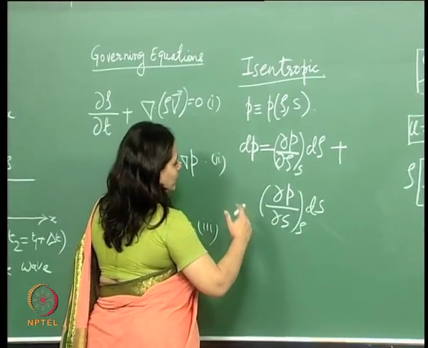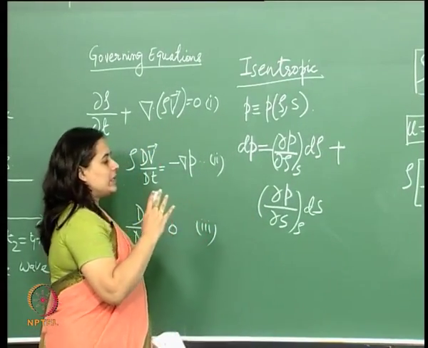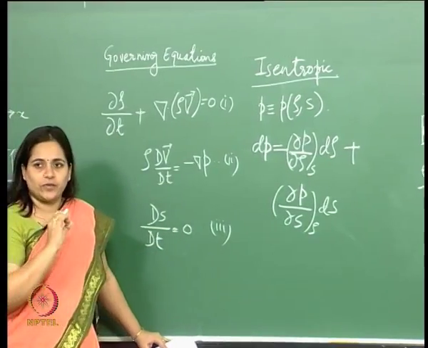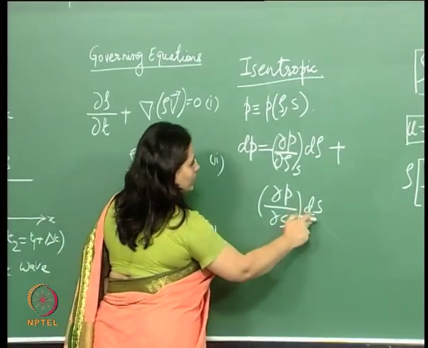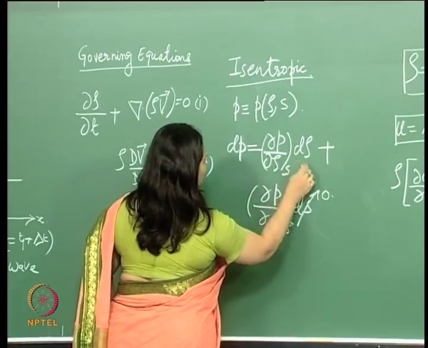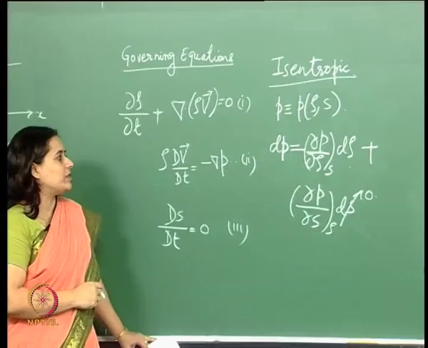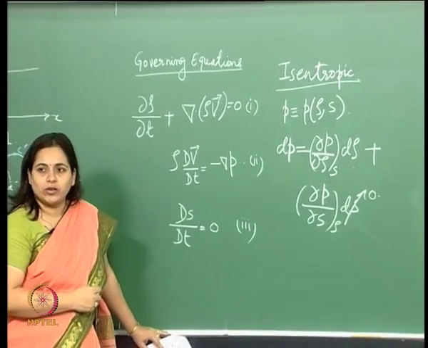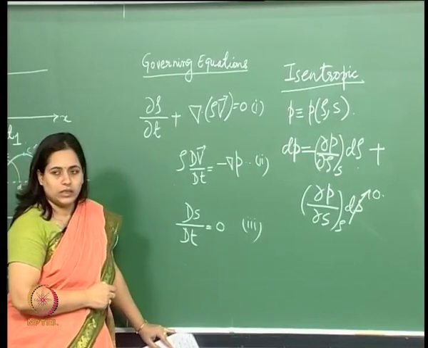Now in this particular case, if it is isentropic, this should go to 0. So if this goes to 0, what we are left with is that dp is equal to del p del rho at constant entropy into d rho.